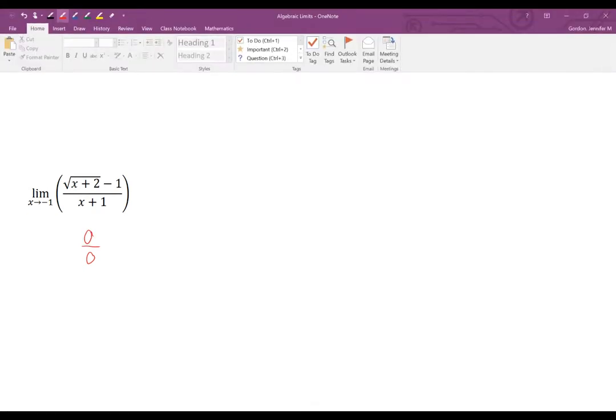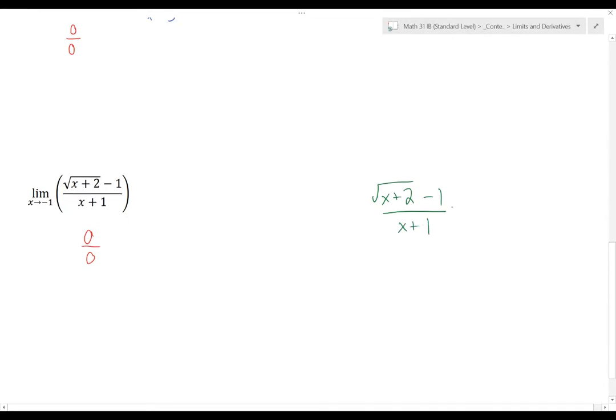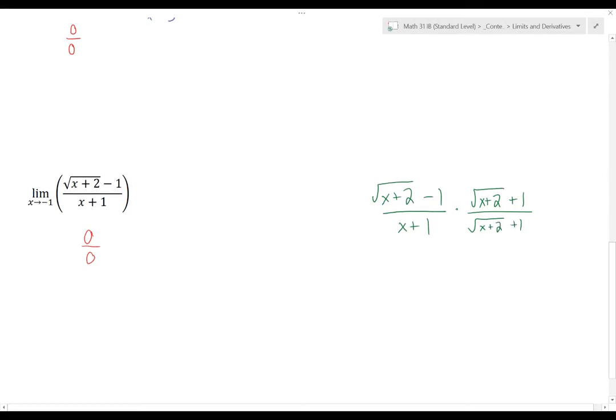So I'm going to do some algebraic manipulation of this fraction: the square root of x plus 2 minus 1 over x plus 1. What I am going to do is multiply by the conjugate of the numerator. So I'm rationalizing the numerator just to get a manipulation happening here to see if I can get an alternate form where I can substitute in. In other words, where I don't have x plus 1 in the denominator.